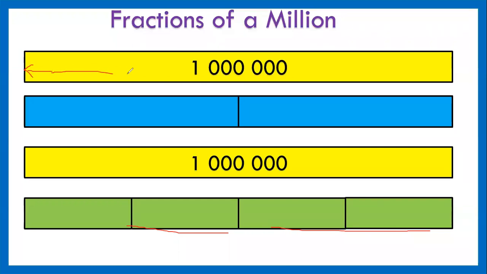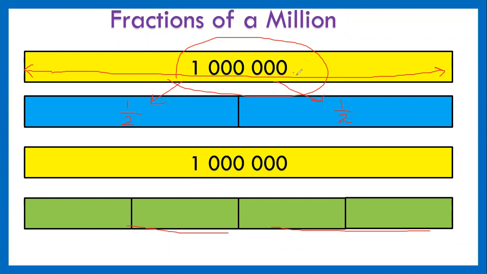Assuming this whole yellow bar is worth a million, when I divide this whole bar into two parts, I will have a fraction of half, and the other side will also carry the fraction of half.